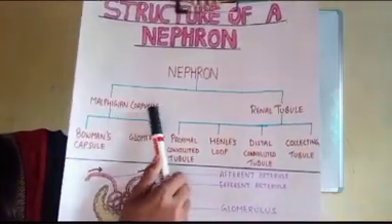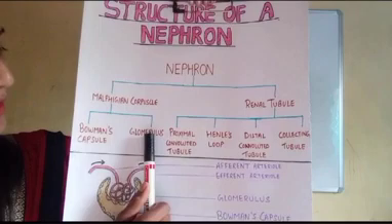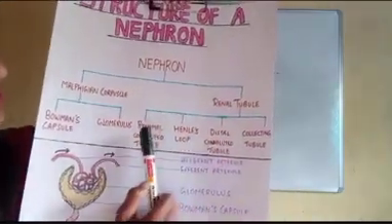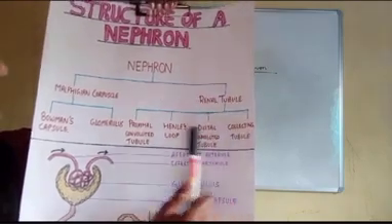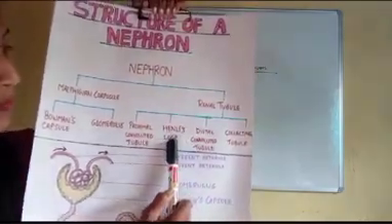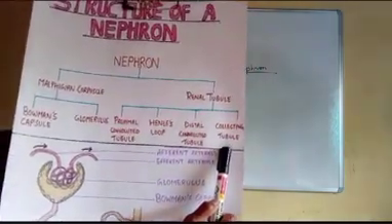This Malpighian corpuscle is again divided into Bowman's capsule and glomerulus. And renal tubule is divided into four parts, that is proximal convoluted tubule, Henle's loop, distal convoluted tubule and collecting tubule.